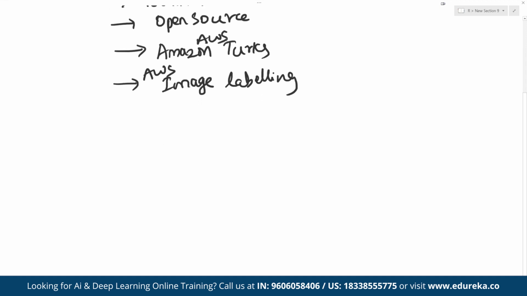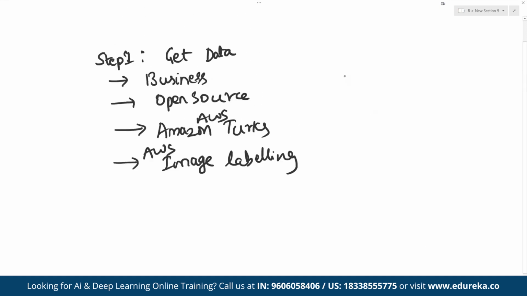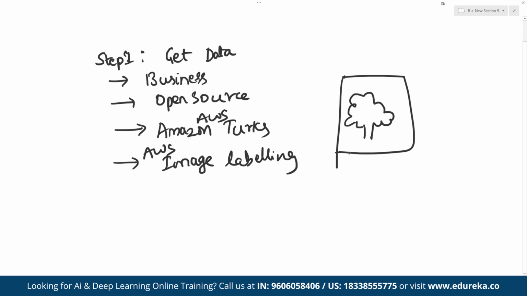Now, when I'm talking about getting the data, what exactly is the type of data we are looking for? Suppose the task is, for a given image which contains a tree, I want to identify what is present in the image, and I also have to identify where it is present.